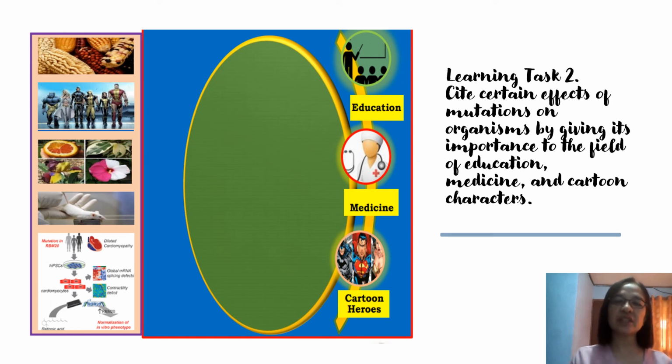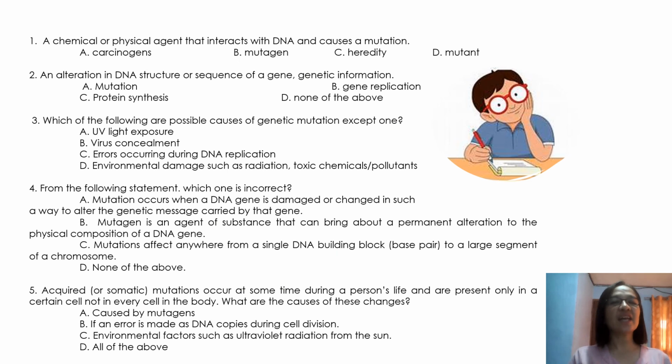For our learning task 2, cite certain effects of mutation on organisms by giving its importance to the field of education, medicine, and cartoon characters. And for our last task, read the question carefully and choose the best answer.